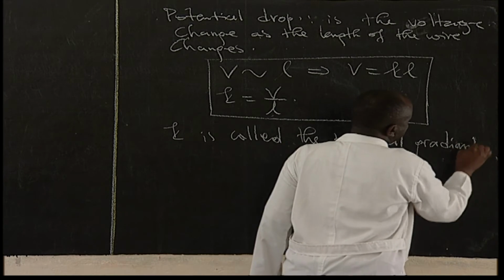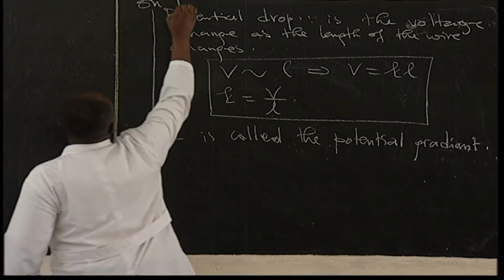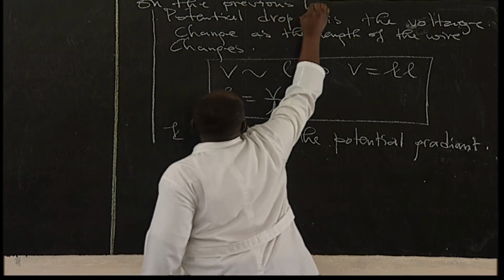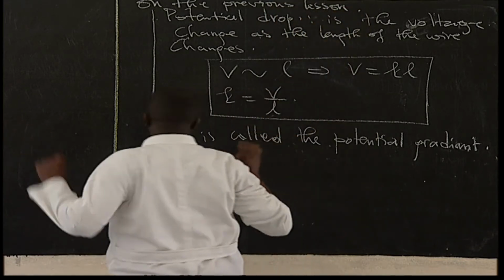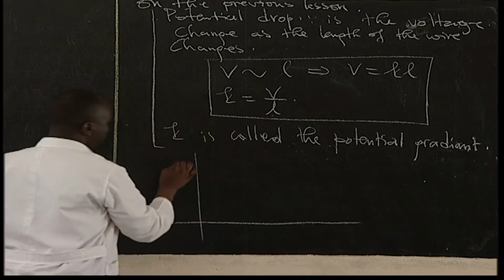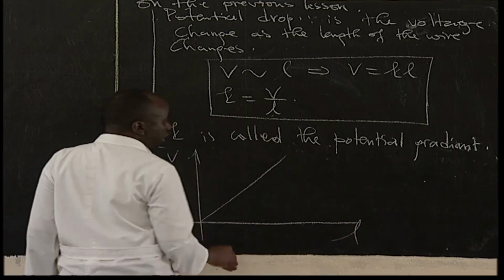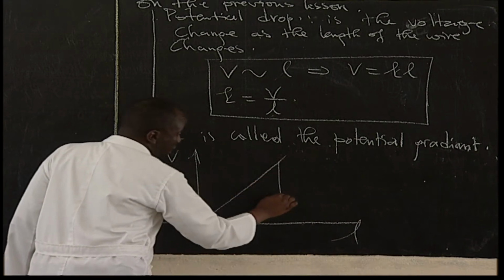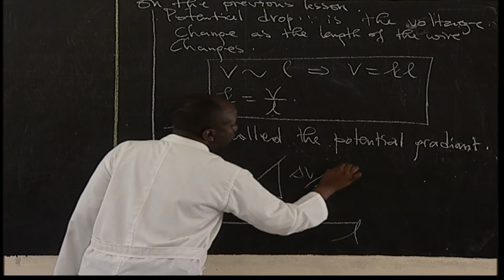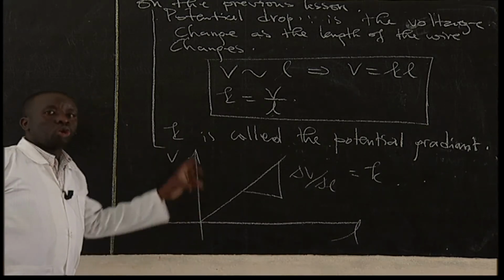Remember, we said in the previous lesson that if there is a change of the voltage and the change of length, what you can find is this line, this graph, and then when you find the change of voltage to the change of L, this gives you that K, which we are now saying to be the potential gradient.